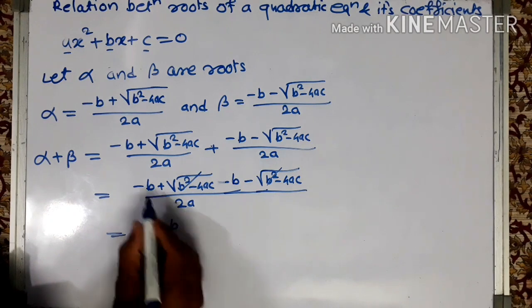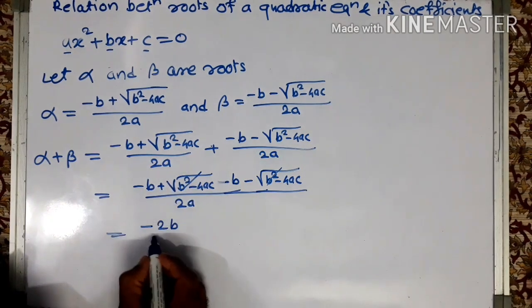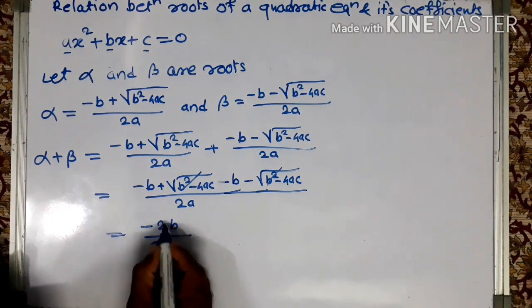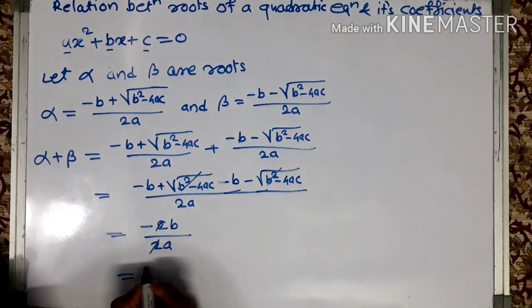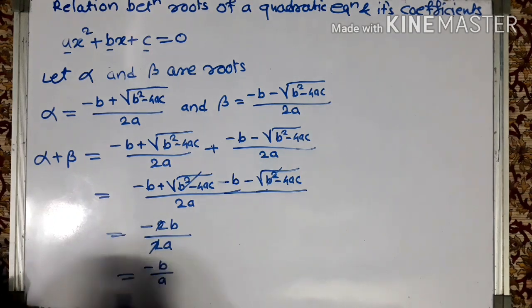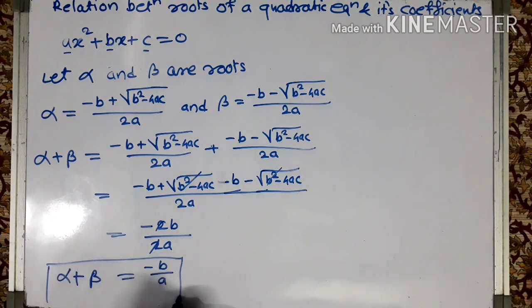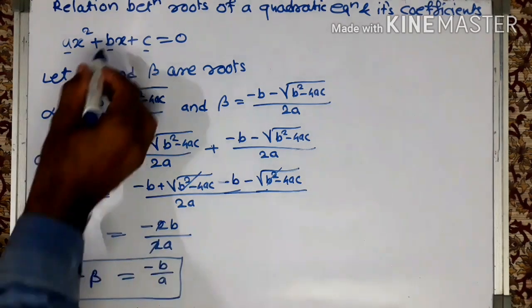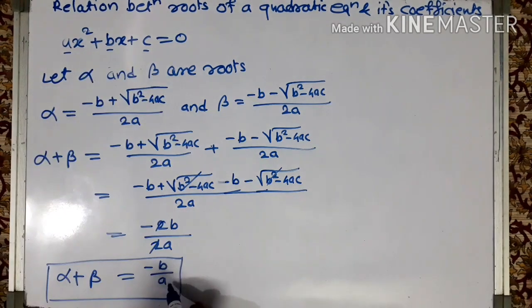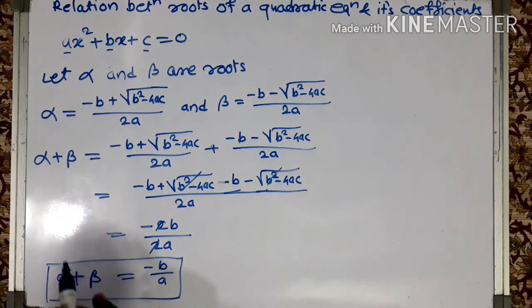Minus 2b upon 2a. Here 2 cancels, so minus b upon a. That means alpha plus beta equals minus b upon a. This is a relation between roots and coefficients of that quadratic equation. These are the coefficients and alpha and beta are the roots. This is the first relation.